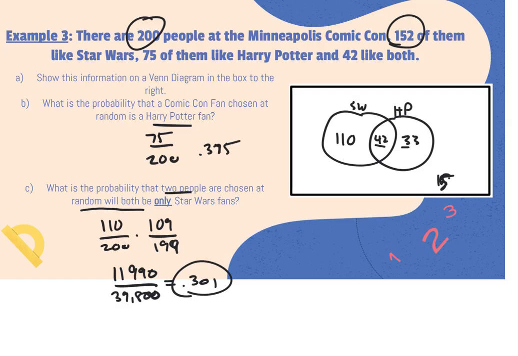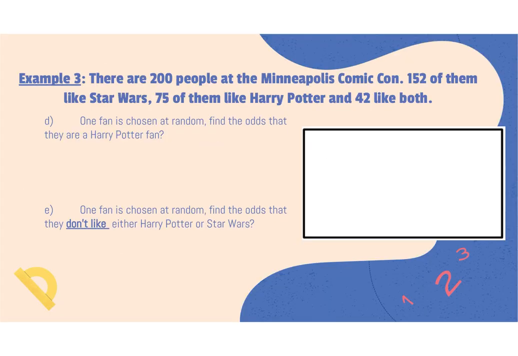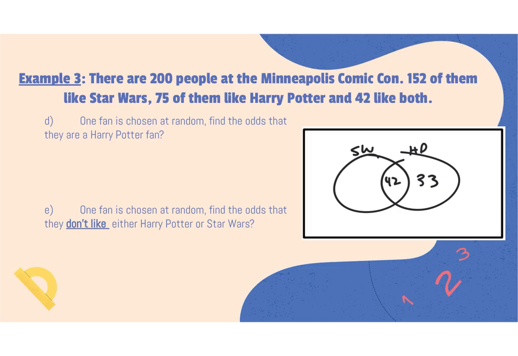Same kind of situation, so I can redraw that quickly. I've got Star Wars, I've got Harry Potter. That was 42, that was 33, that was 110, and that was 15 that don't like either. What are the odds that they are a Harry Potter fan? 72 like Harry Potter, which means 125 don't.